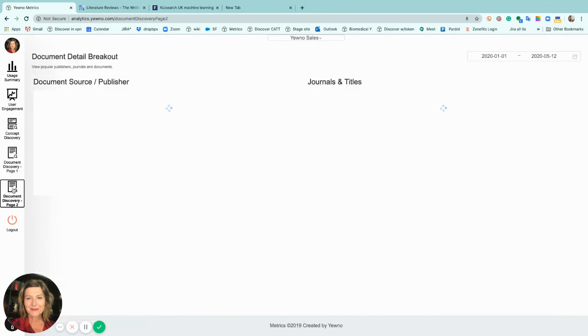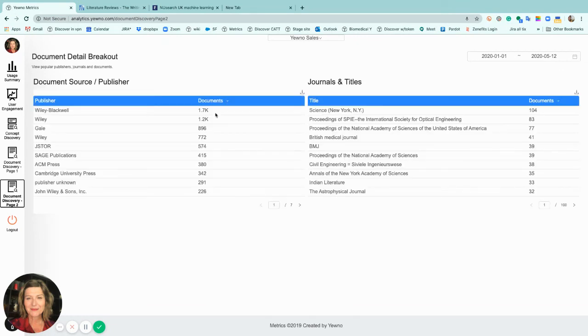And finally, we can look at some of the publishers that were looked at and the journal titles. And since this is a large file, it takes a moment to download. And so we can see here, there are 7 pages of document, source, and publisher.